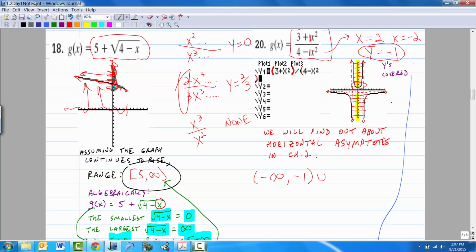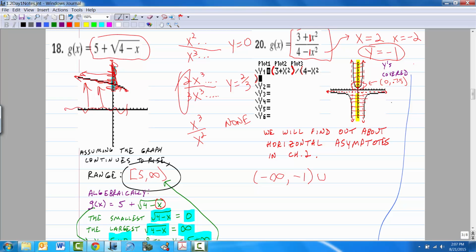Very good. So remember, hit the minimum in the calculate feature on the TI-84. Left bound, right bound, guess. It's a little bit more specific. This is 0, 0.75 when you do that on your calculator.